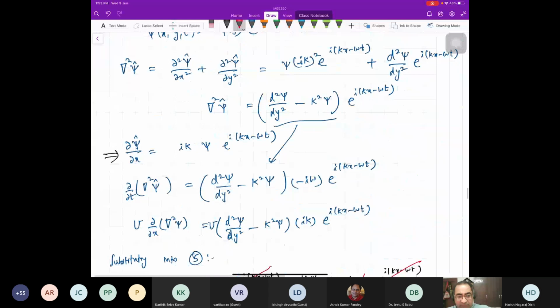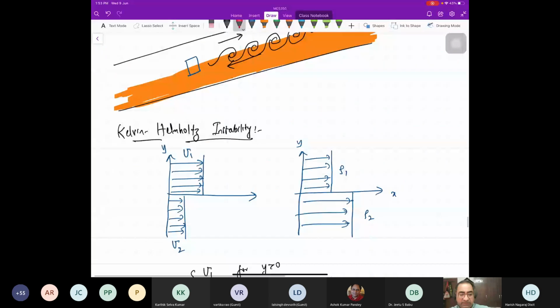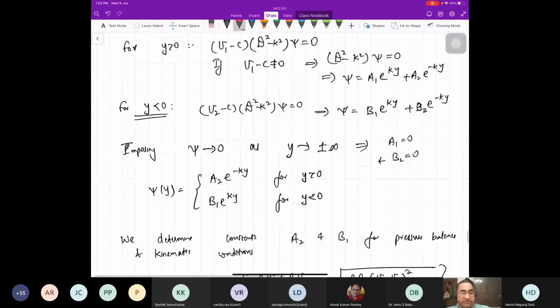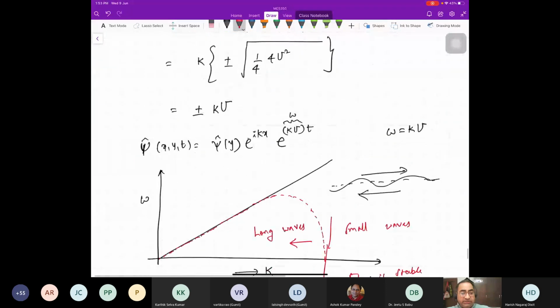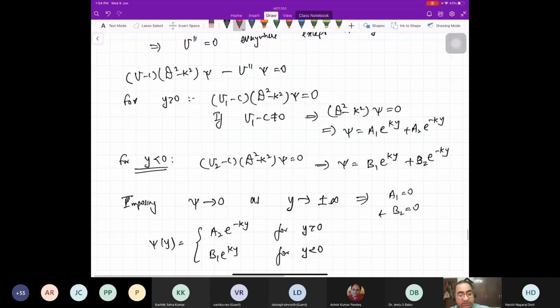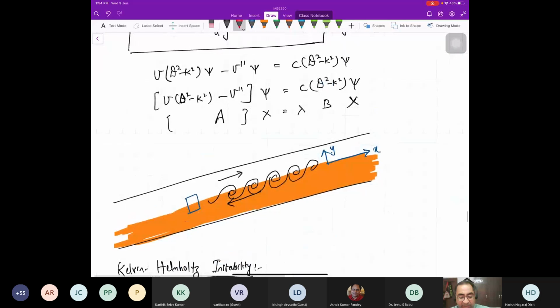So we took up a simple problem of a two-layered Kelvin-Helmholtz instability. There are two layers, the velocity has a discontinuity, and we can get a dispersion relation, which tells you how the growth rate varies as a function of wavelength. In an experiment, you can actually see what wavelength you're getting, and you can check your prediction.